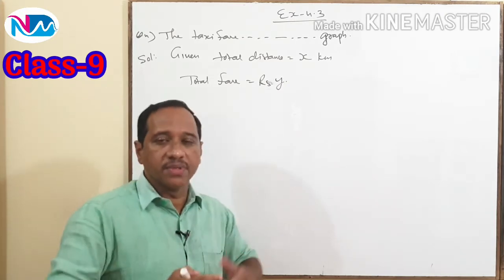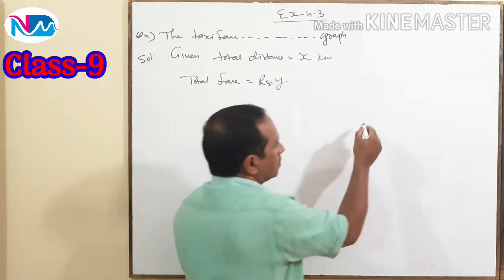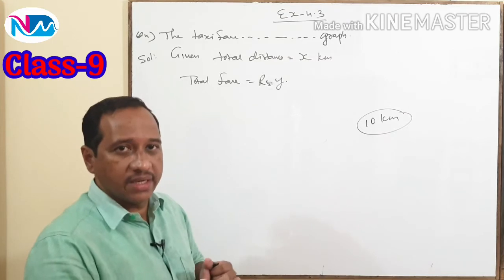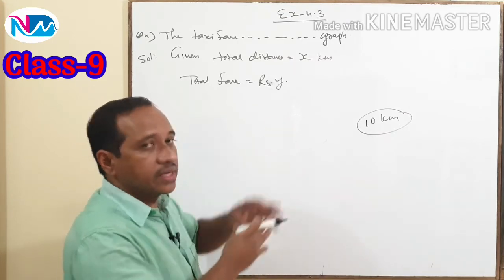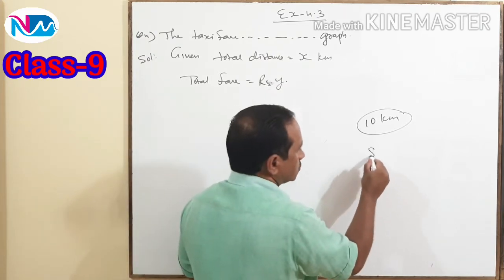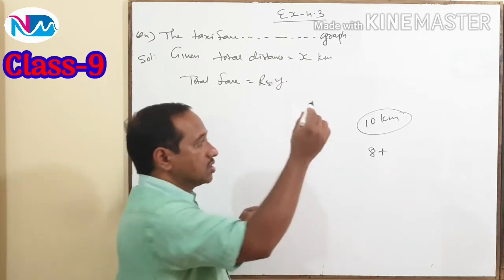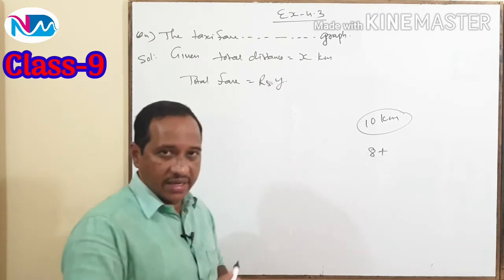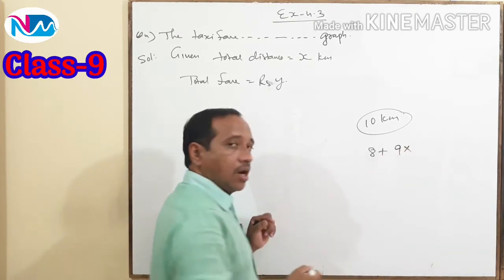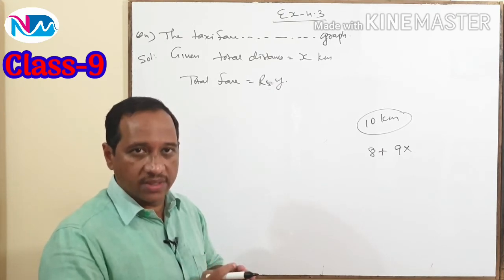Suppose a person hires a taxi in this city and travels for 10 kilometers, he has to pay the total fare according to the following calculation. For the first kilometer it is rupees 8. Out of 10 kilometers, for the first kilometer it is rupees 8 and the remaining 9 kilometers will be charged at the rate of rupees 5 per kilometer.